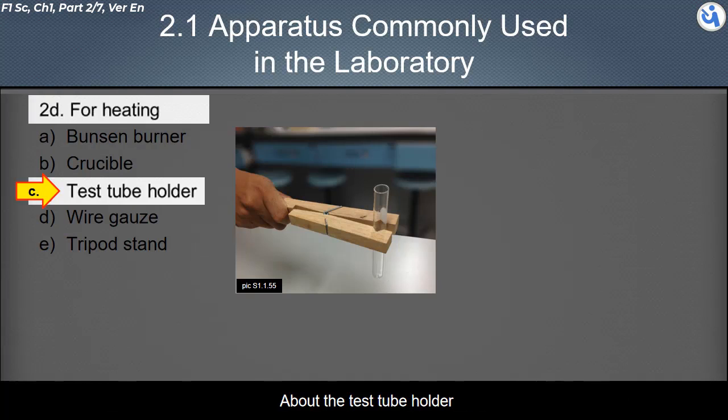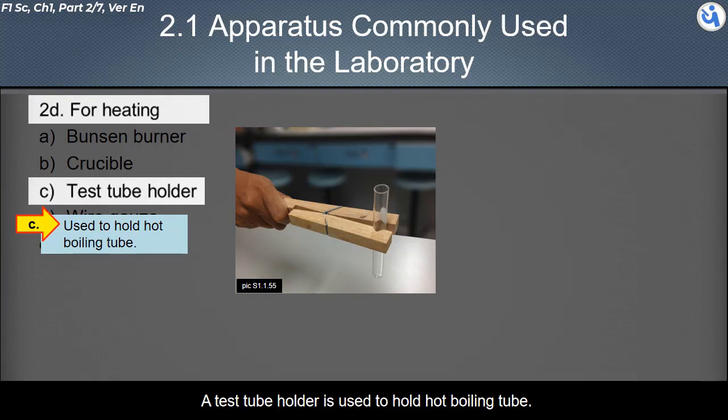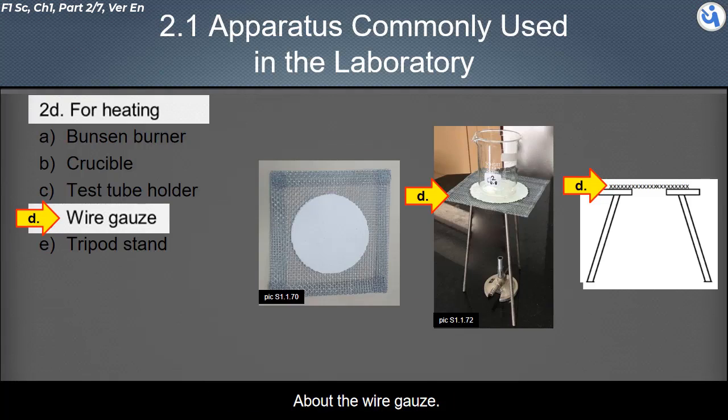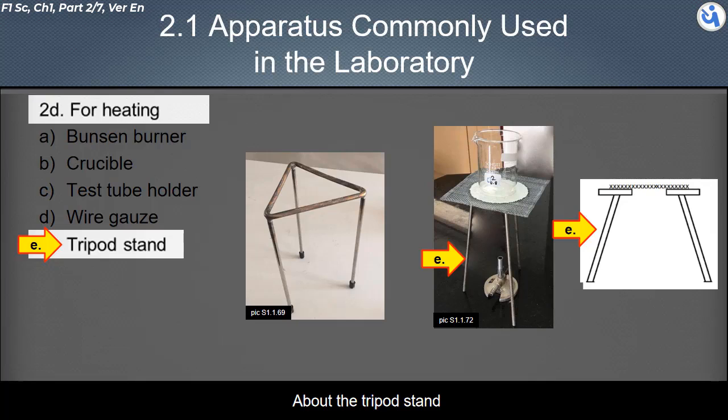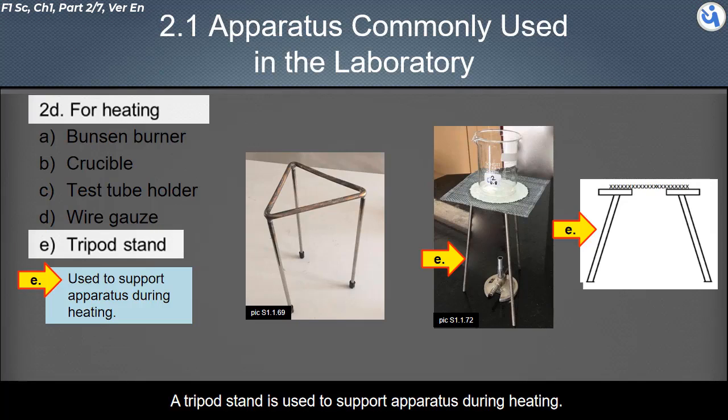About the test tube holder. A test tube holder is used to hold a hot boiling tube. About the wire gauze. A wire gauze is used to support beakers, flasks, or other glassware during heating. About the tripod stand. A tripod stand is used to support apparatus during heating.